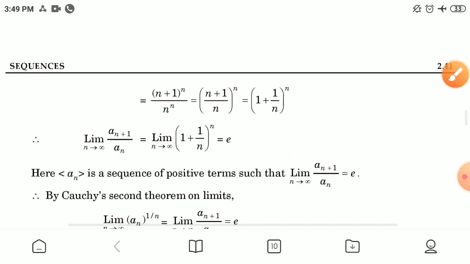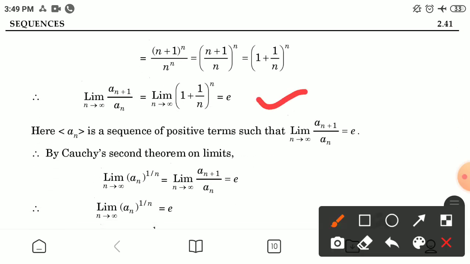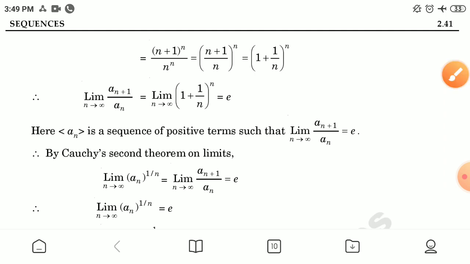And if we apply the limit here, the value will be equal to e. An is a sequence of positive terms such that its limiting value is e. By Cauchy's second theorem on limits, an raised to power 1 by n will be equal to the limit of an plus 1 by an, that is e. Therefore, the required value is e.